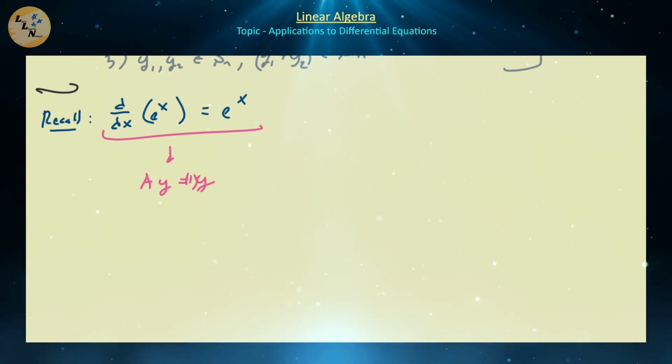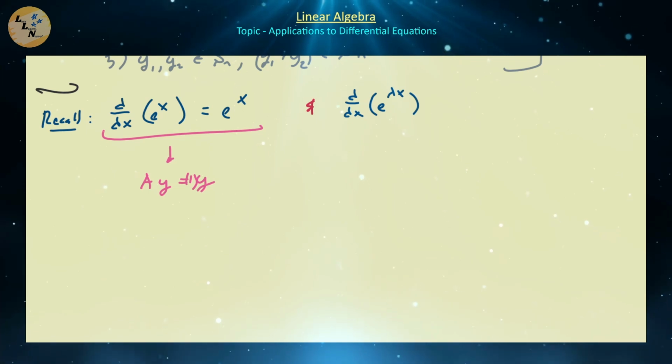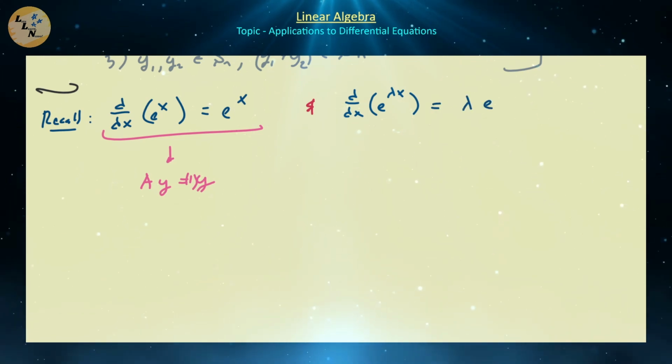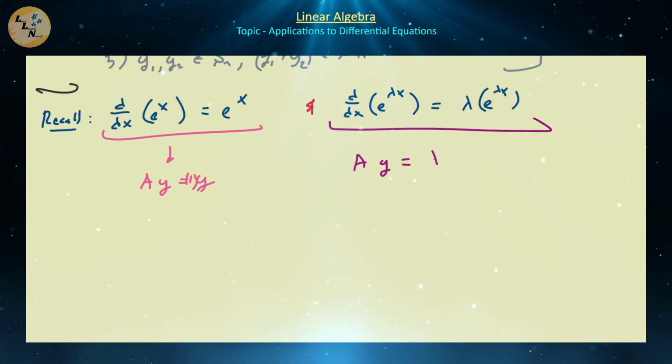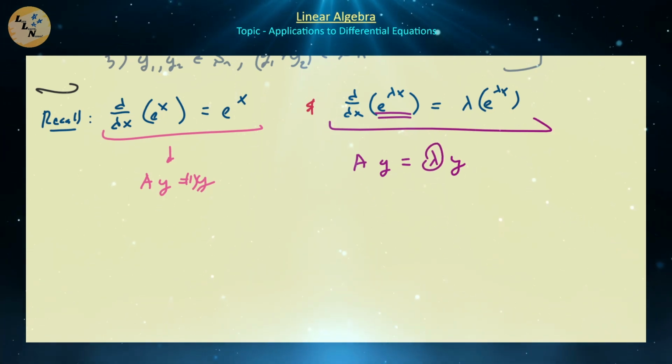But of course we can extend this just a little bit because we know that the derivative of e to the lambda x, where lambda is a scalar, is going to be equal to lambda e to the lambda x. And this equation should remind us of the equation Ay equals lambda y. Again, y equals e to the lambda x is a broader eigenvector, or eigenfunction, for the differential operator, and lambda its associated eigenvalue.